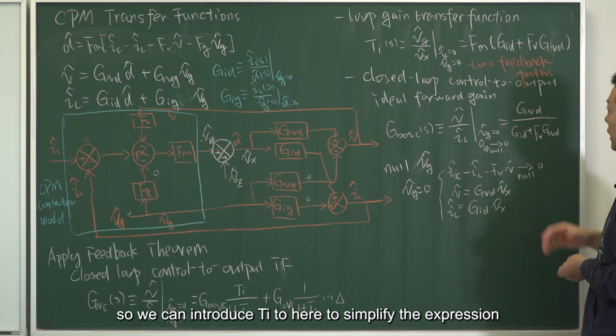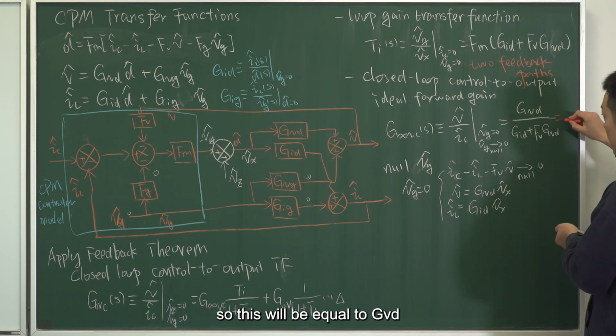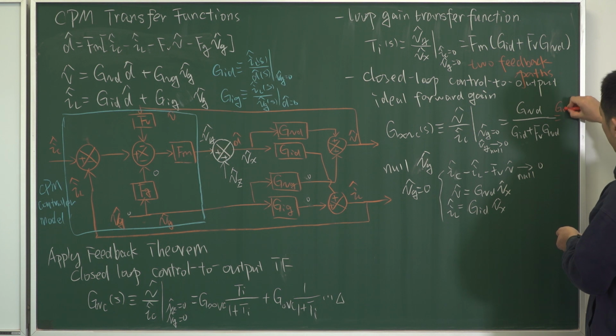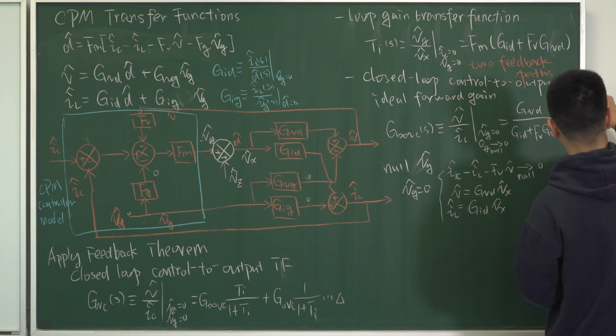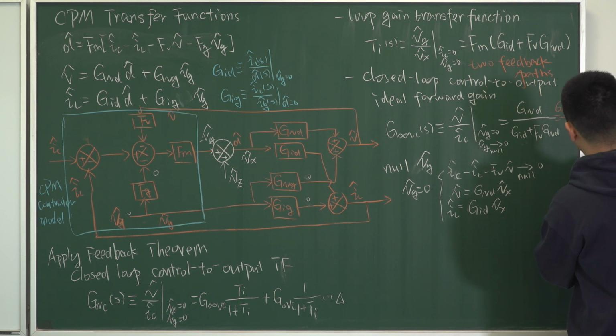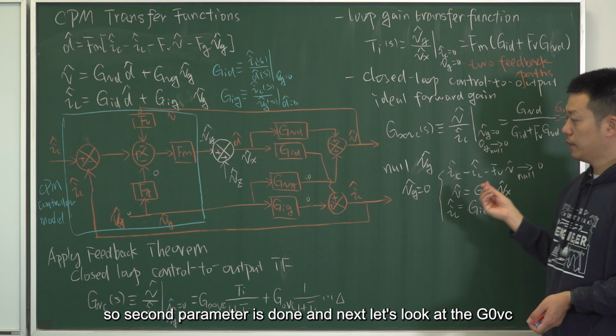So we can introduce Ti to simplify the expression. This will be equal to GVD times Fm divided by Ti. So the second parameter is done.